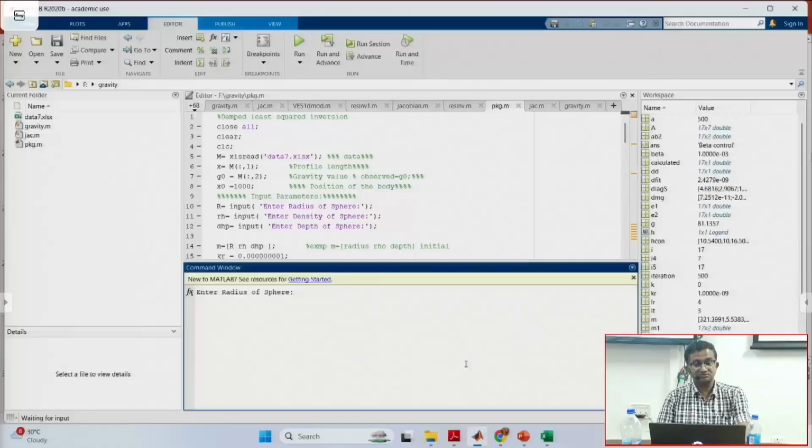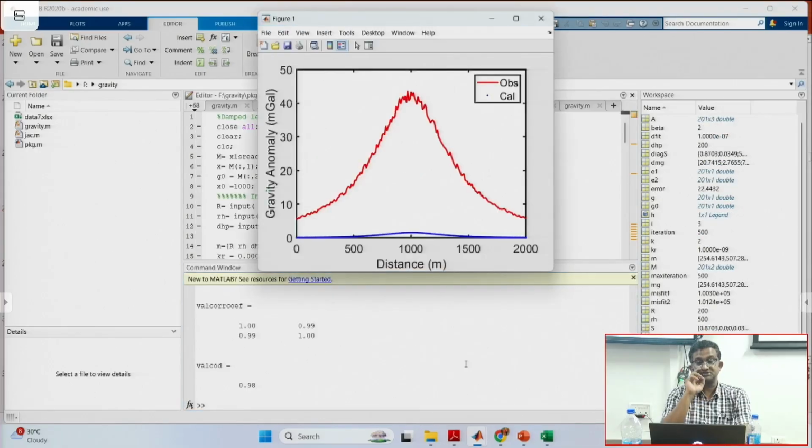So let us say if I run this, let us say this is I 100. I am giving the radius of the buried sphere, then the density, and the depth. So let's see.